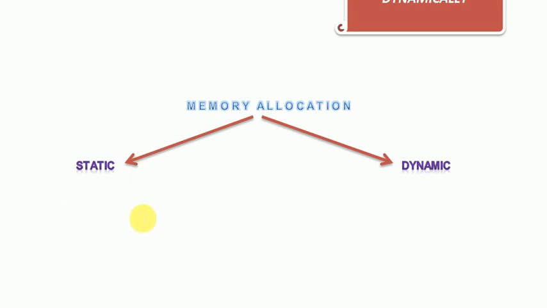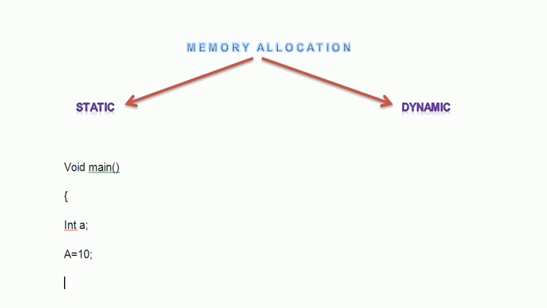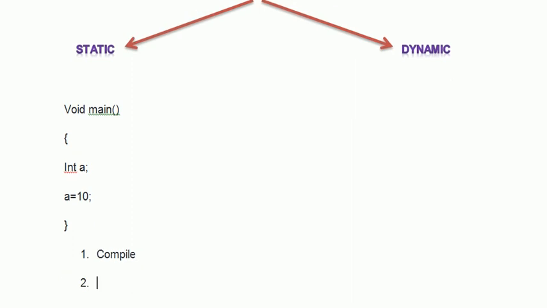For example, suppose we are writing a C program, and after the header files we have started the program with void main, and we have declared a variable a and then initialized it to the value 10, right? So suppose this is our program. Now there are two steps to run this program. First step is we will compile this program, and the second step is we will run this program. So what happens at the compile time?